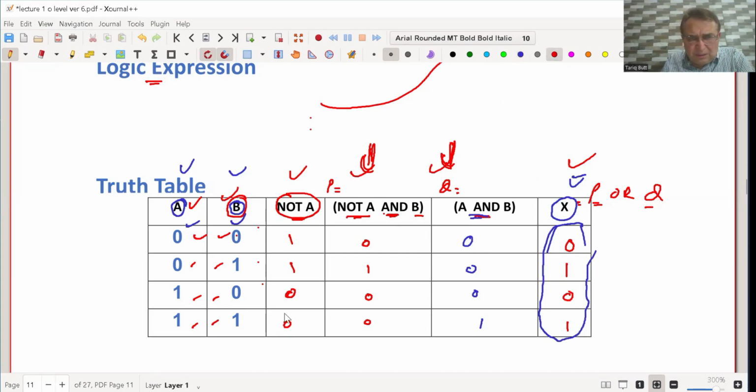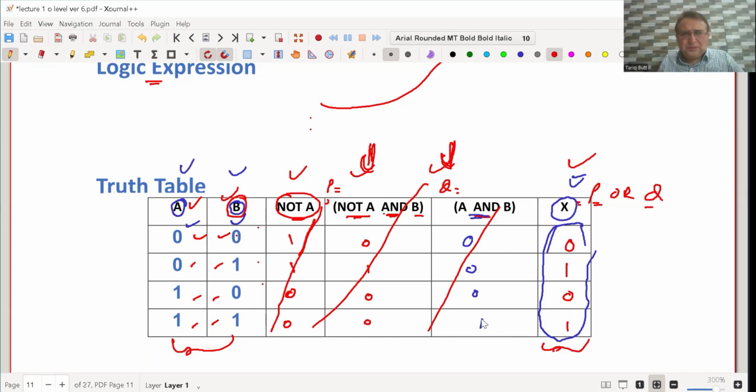Rest of these columns, those we had built while drawing this truth table, and these are the intermediate steps. If some truth table is given to you, in that case, these intermediary steps will not be given to you. You will be given the inputs and the output of the circuit.